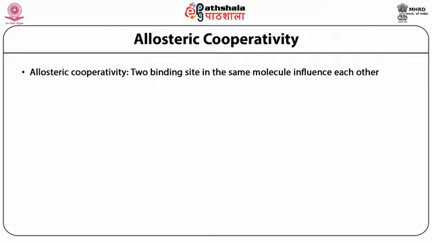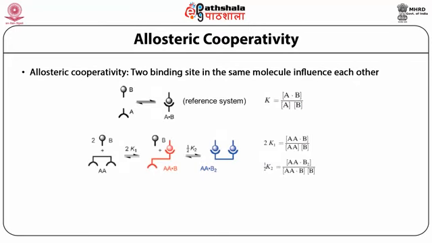Let's try to understand this allosteric cooperativity with the help of binding constants and equations. The top system is our reference system. When A and B join to form this non-covalent complex, the association constant is given by the ratio of the concentration of the complex divided by the equilibrium concentrations of A and B. However, when we take this consecutive reaction where AA, having two binding sites, binds and forms a non-covalent complex with 2B, in the first step 1B binds to form this intermediate, the red AAB, and then the other B is waiting to get bound.